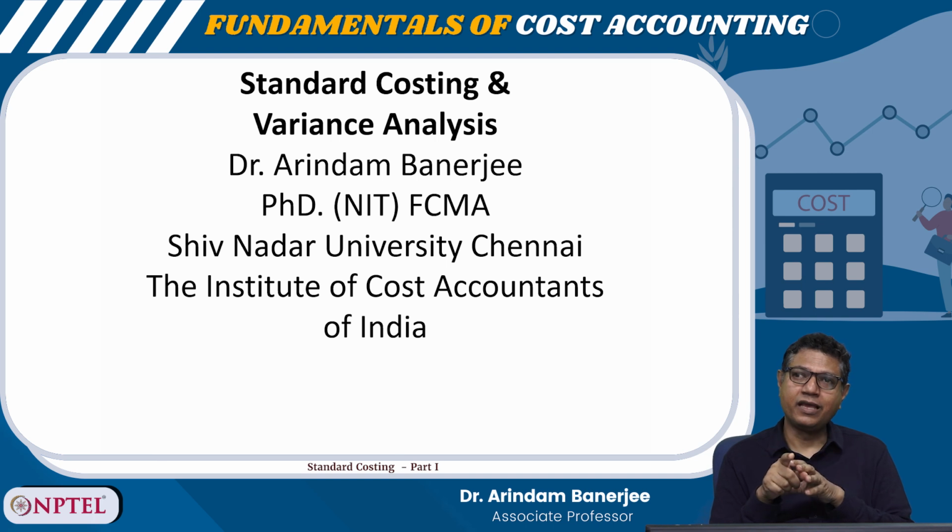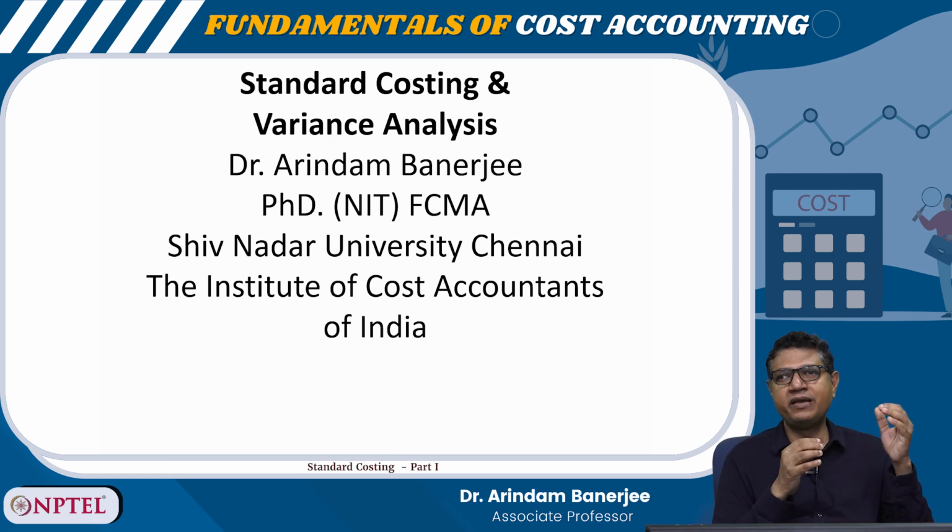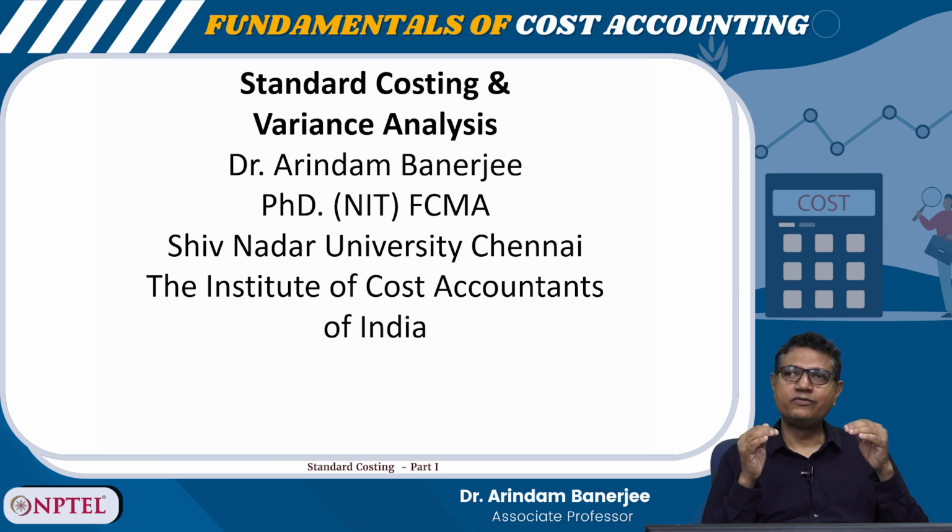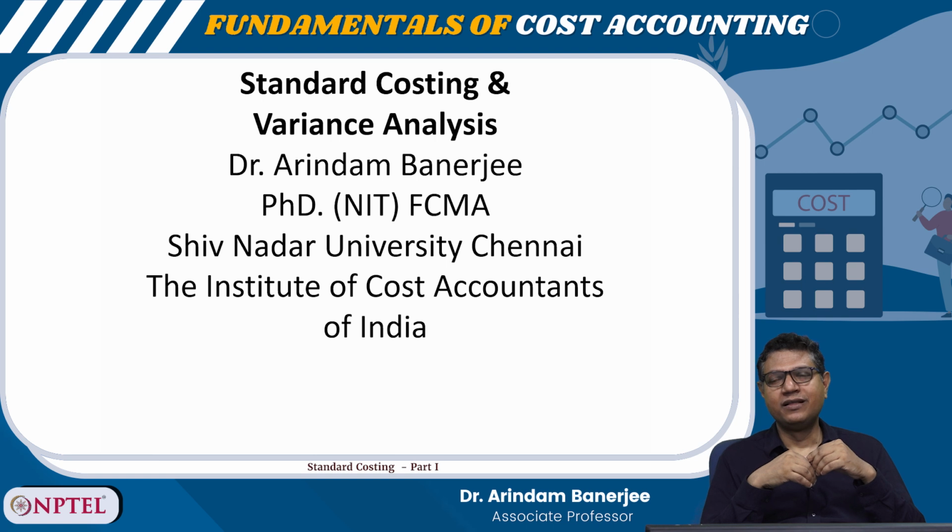But at the same time, the favorable variance is also not always good. If my assumption is that my material cost will be 10 rupees and my actual cost is 7 rupees, that means I am lacking somewhere at the planning stage itself.